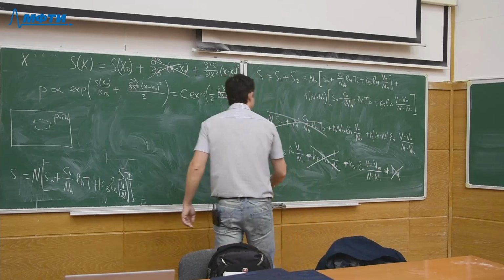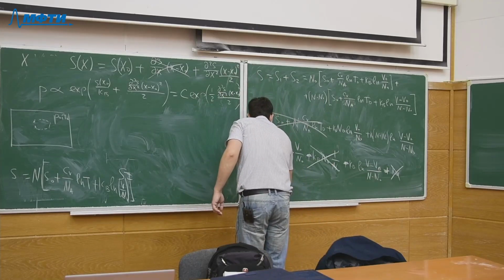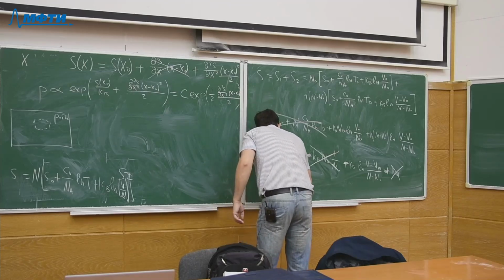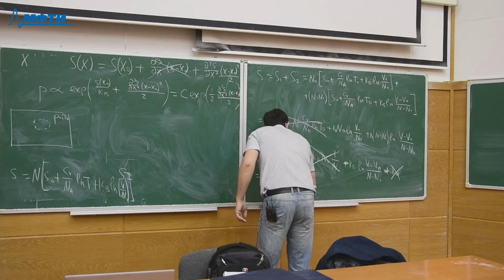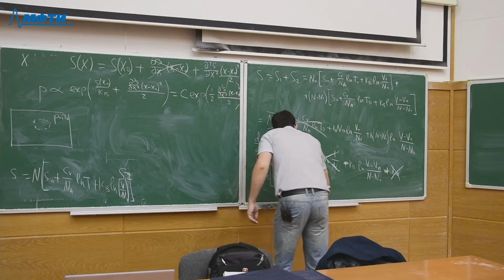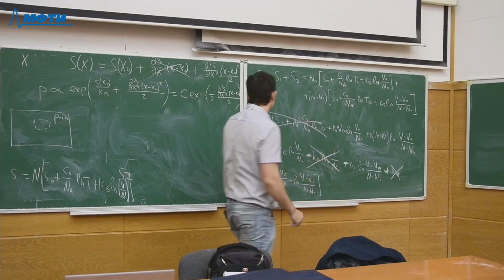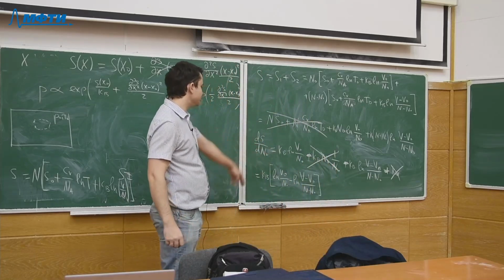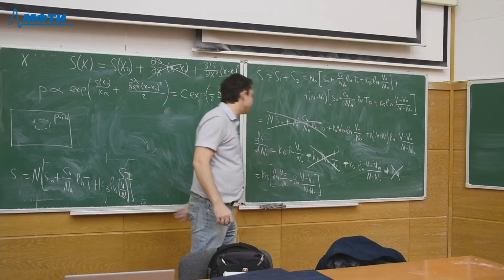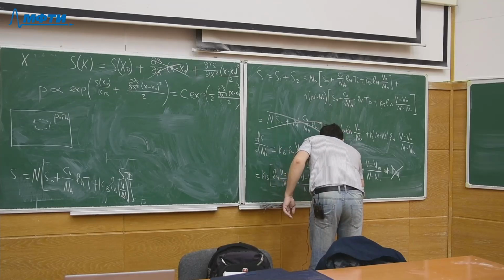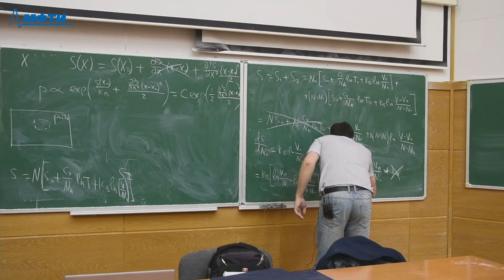So altogether, the derivative gives me kb times logarithm v0 over n0 minus a logarithm of (v minus v0) over (n minus n0). If I demand that this derivative equals 0, that means that these two logarithms should be equal, which leads to v0 over n0 equal to (v minus v0) over (n minus n0).